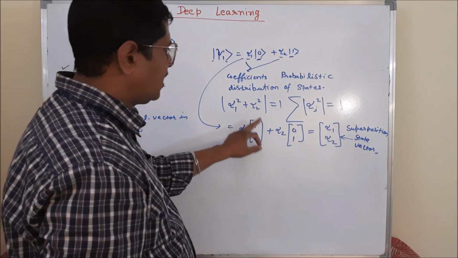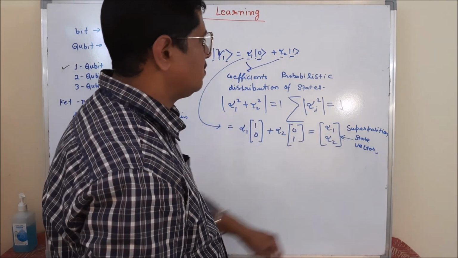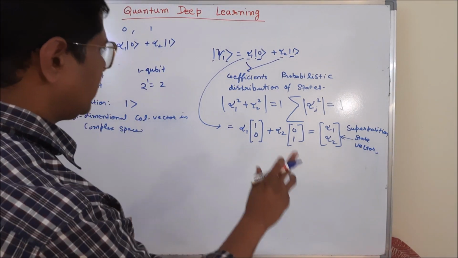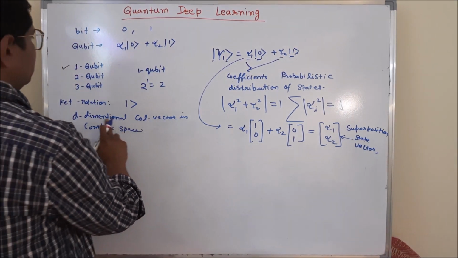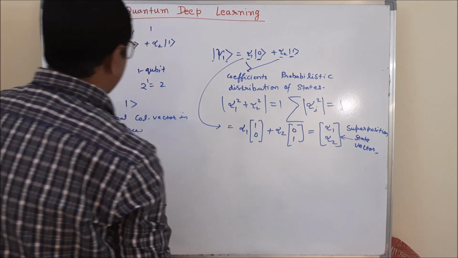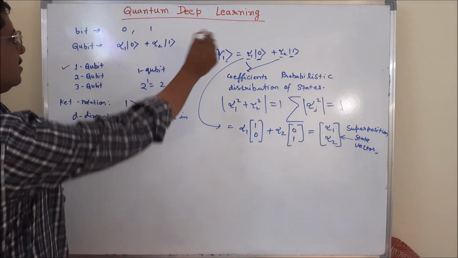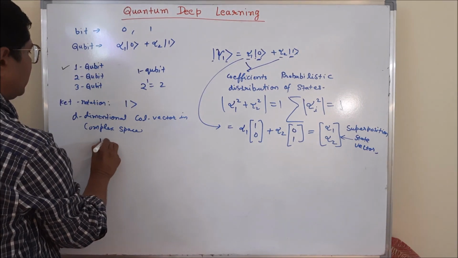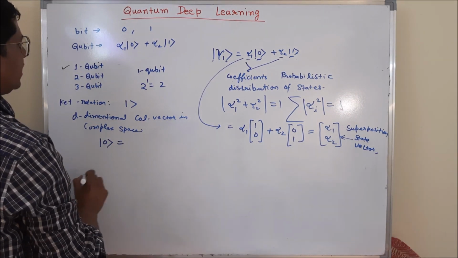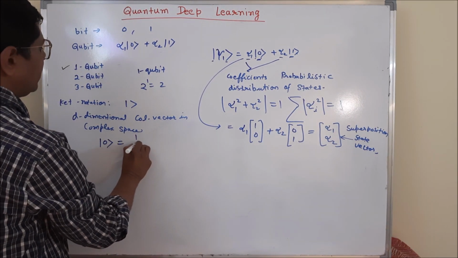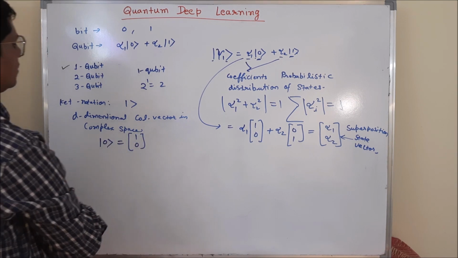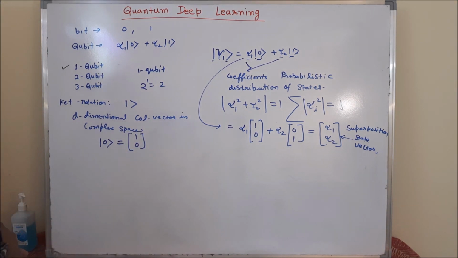Because these are actually members of complex numbers. That's why we represent it as a d-dimensional column vector in complex space. We have already seen that we represented it like 1 and 0. So this is the representation.